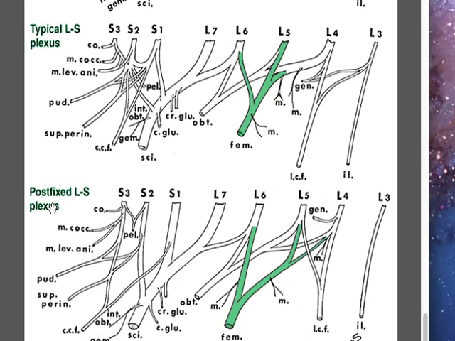So in a postfixed variation of the plexus, L6 contributes more than L4 does to the formation of the femoral nerve. The point is that there is a range of plexus variability among dogs, although most dogs will exhibit this typical plexus arrangement.